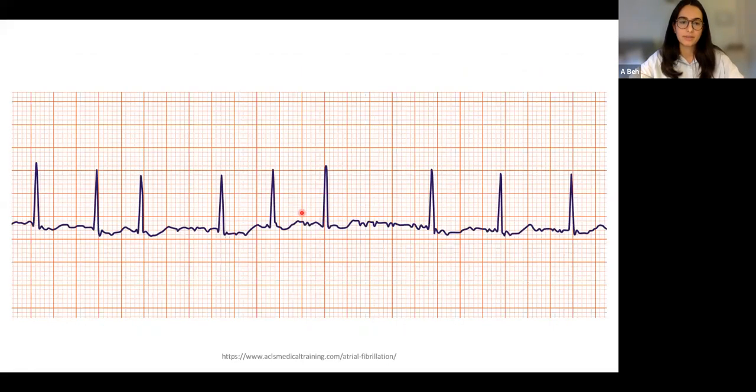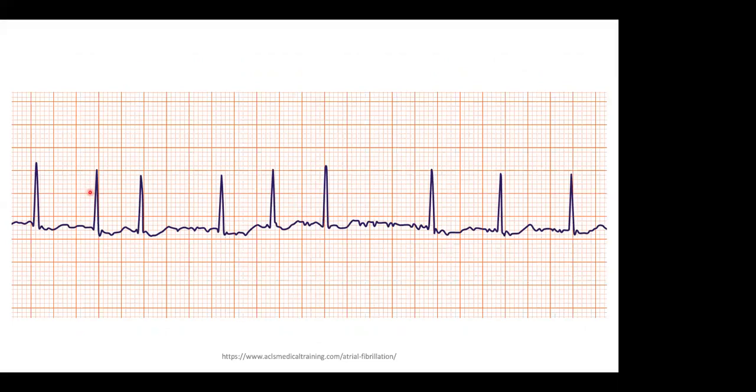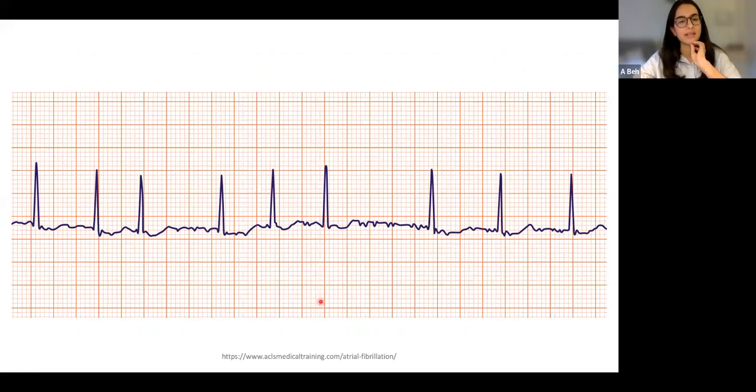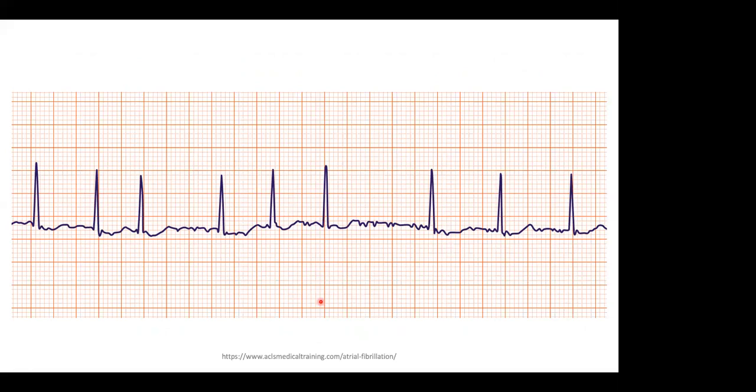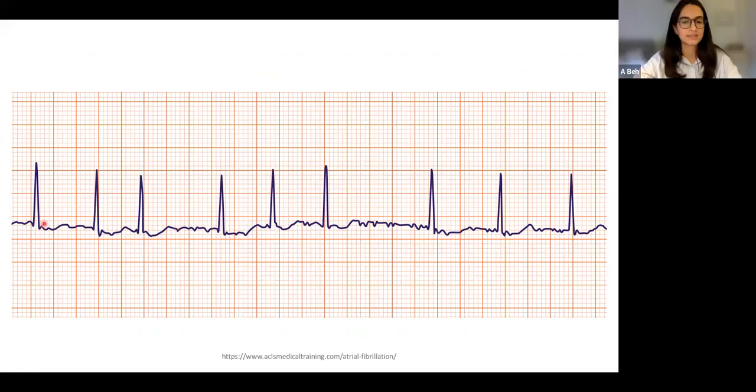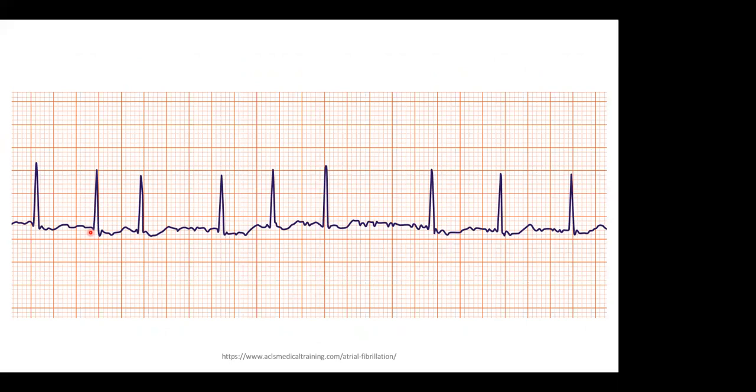This is an ECG from a patient with atrial fibrillation. I will leave you to look at it for a minute. Maybe someone wants to describe what they see. The P waves are not exactly visible. Very good, yes.